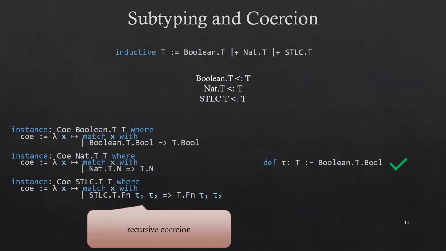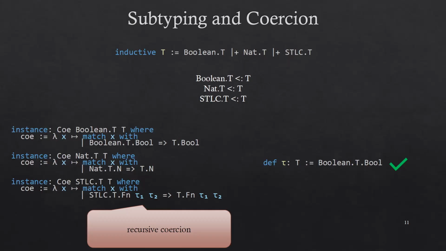I mentioned subtyping. So one thing to keep in mind is whenever we do this, the components boolean.t, nat.t, stlc.t are all subtypes of the newly defined type T. And in Lean, we can explicitly represent that by generating instances of the coercion type class.